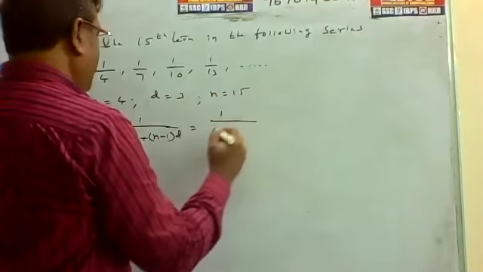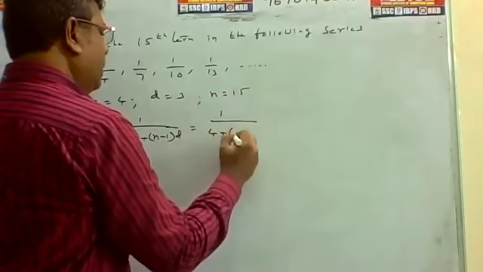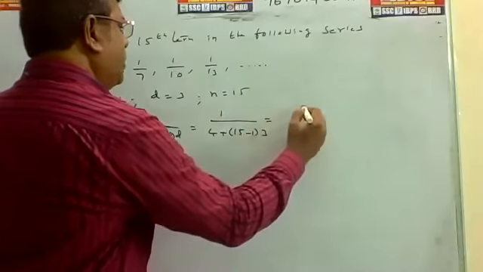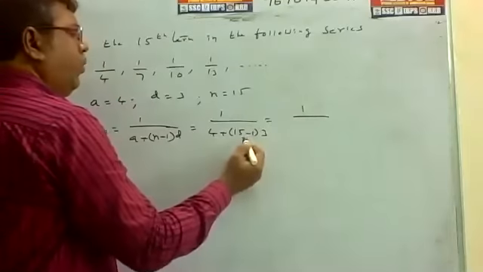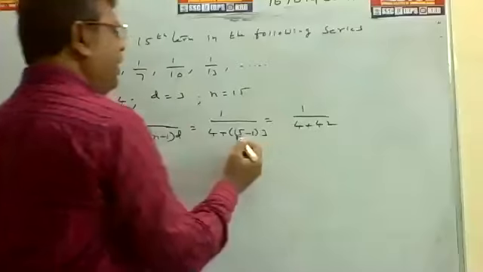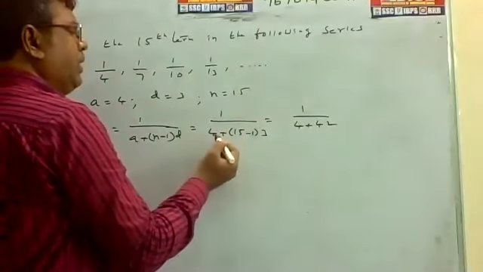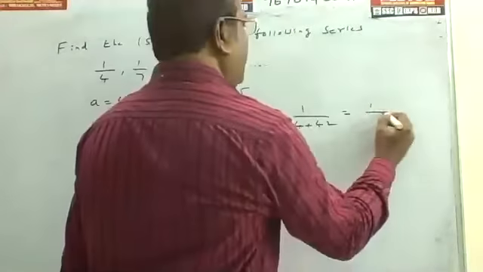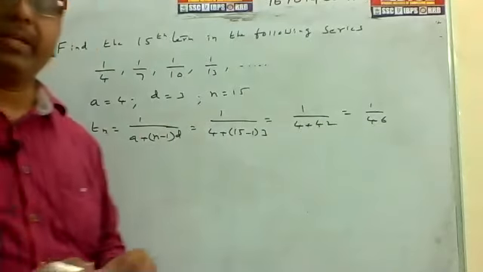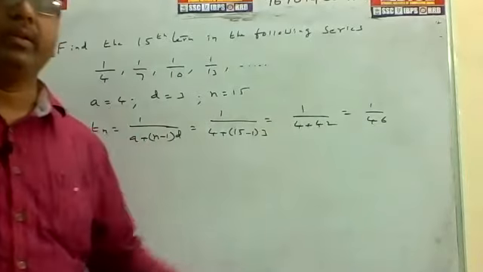So 1 by 4 plus 15 minus 1, D is 3. 14 times 3 is 42, 42 plus 4. So the answer is 1 by 46. Very good, this is the answer.